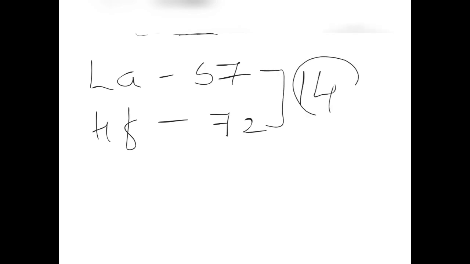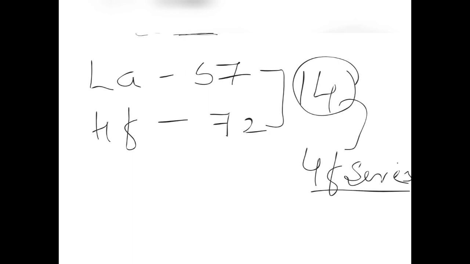This hafnium has atomic number 72. In between, these 14 elements are in the 4f series, that is, f block elements. This 4f series is also called the lanthanoid series, and we are going to study it later.